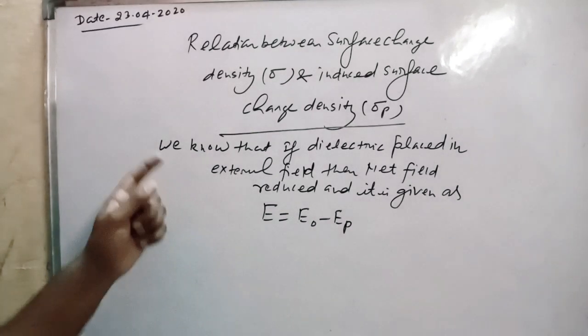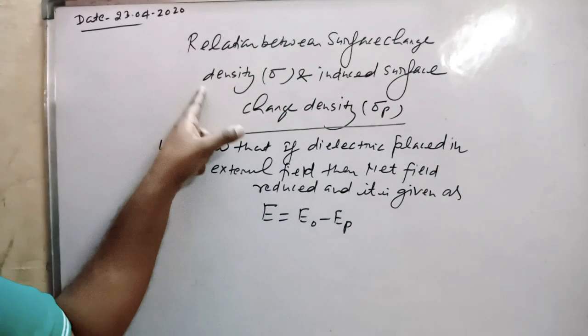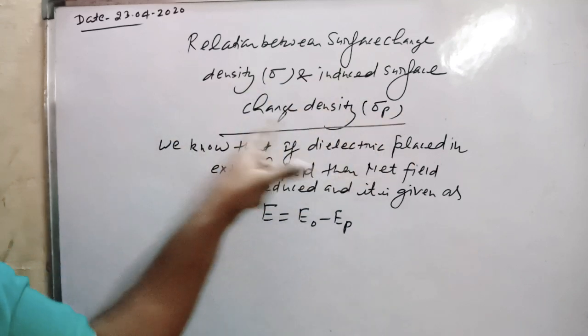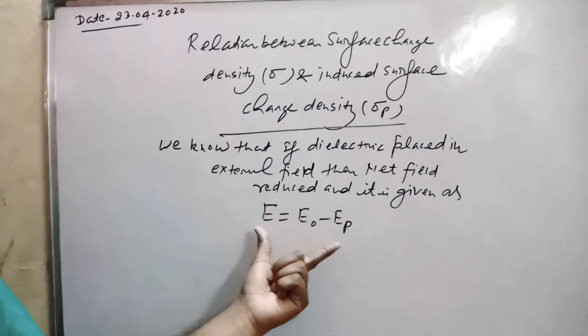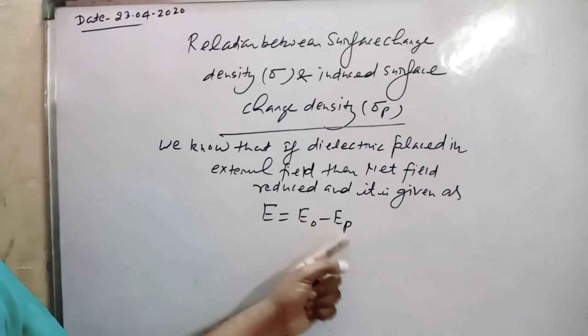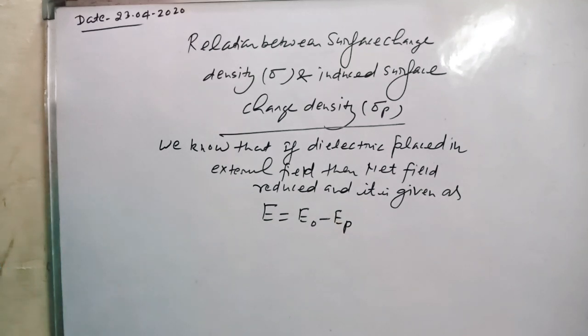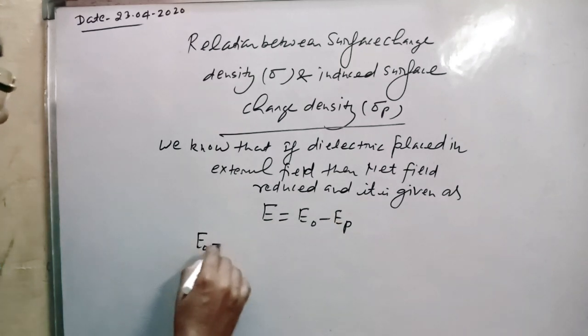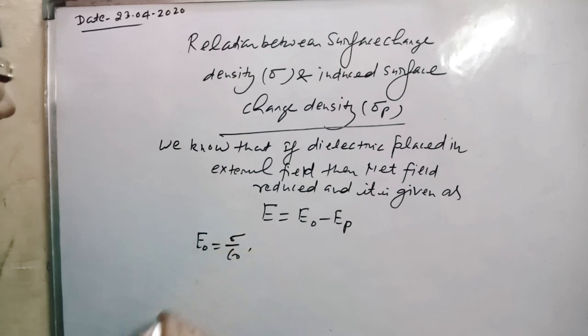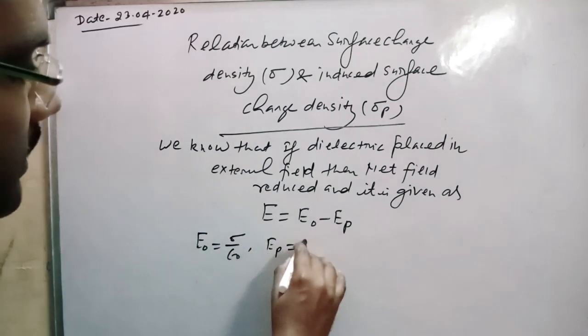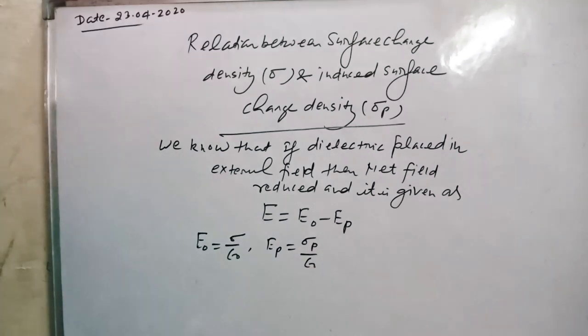Now here we find the relation between surface charge density sigma and induced surface charge density sigma p. Use the relation E is equal to E naught minus EP. What is the value of E naught? Sigma divided by epsilon naught. And what is the value of EP? Sigma p by epsilon naught.